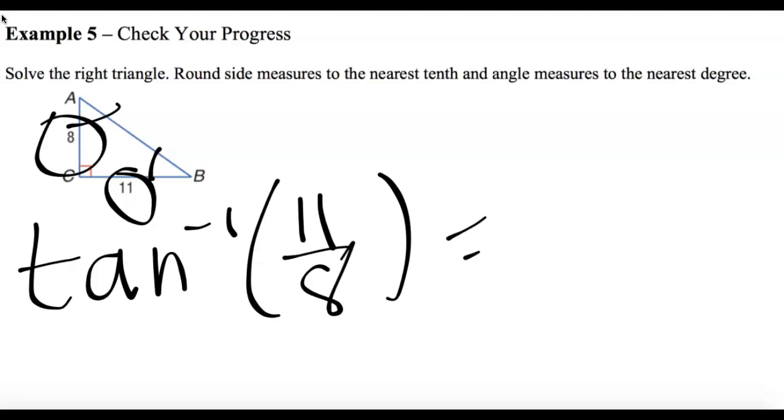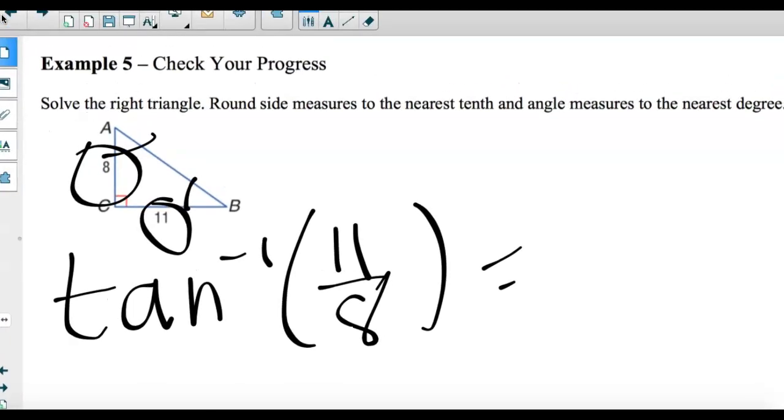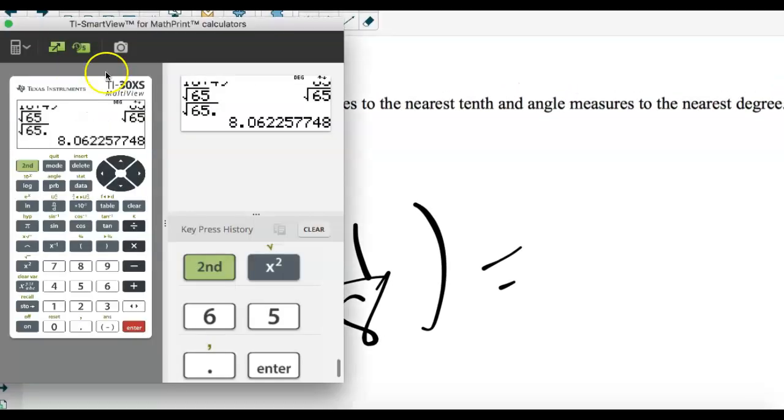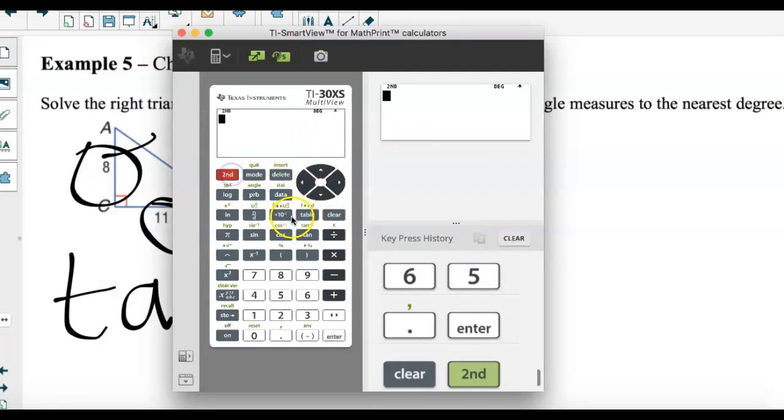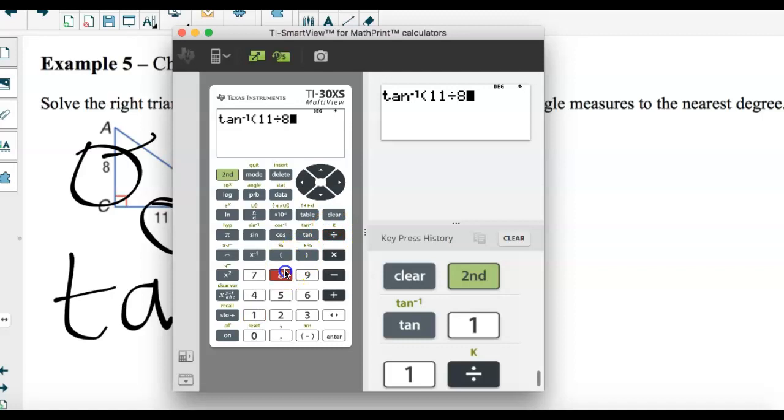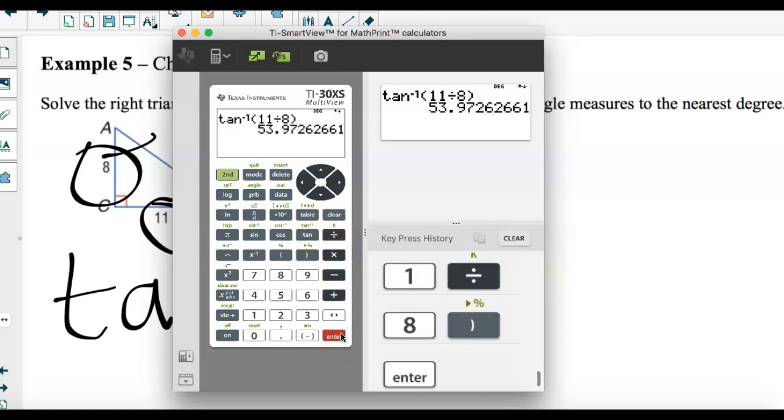And we just need the calculator. So second tangent, we have 11/8. And we get, to the nearest degree, 54 degrees.